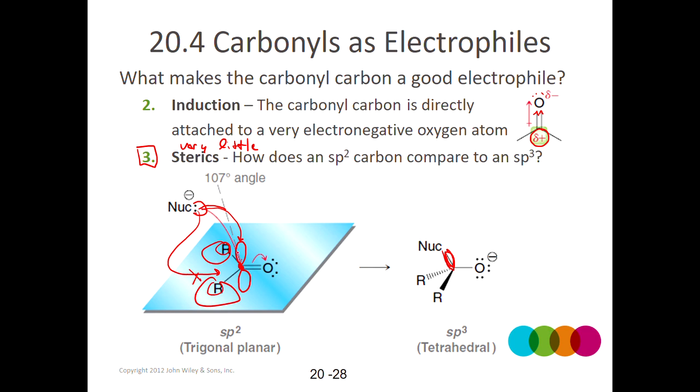But for the most part, it's pretty open. So since there's not much sterics in the trajectory of the nucleophilic attack, that makes this even more electrophilic. It makes it even more likely for a nucleophile to attack. So even though we don't have a leaving group, the nucleophile can attack here readily because there's a large quantity of partial positive there, and because when it does attack, there's not too much sterics, and the other electrons can shift out to the oxygen.